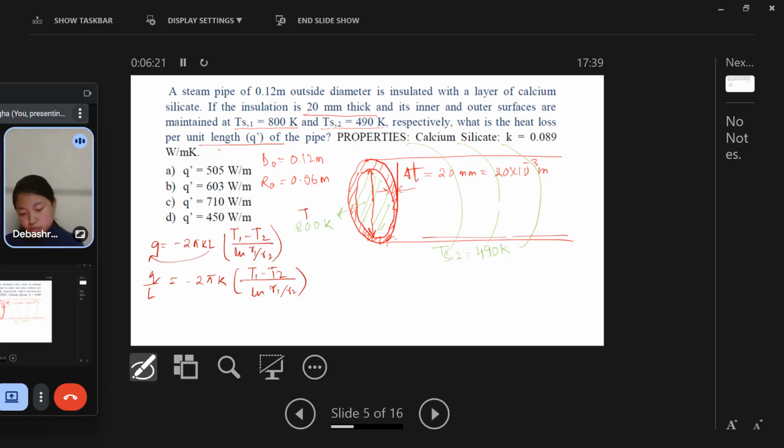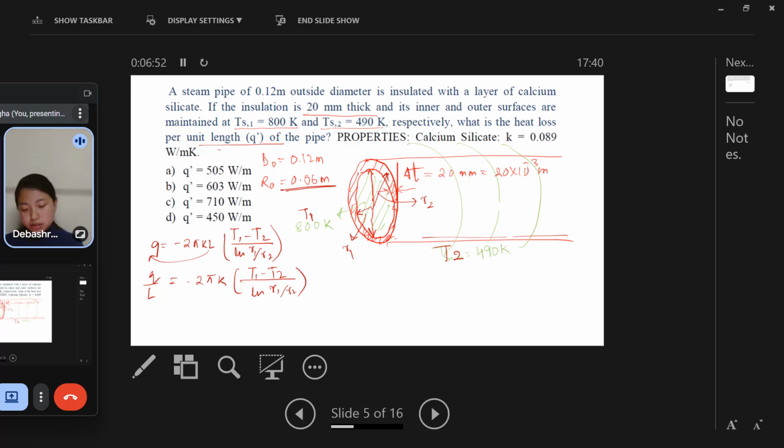If we take the inner temperature as T1 and the outside temperature as T2, the inner radius will be R1 and the outside radius will be R2. The inner radius we already know, it is given in the question.